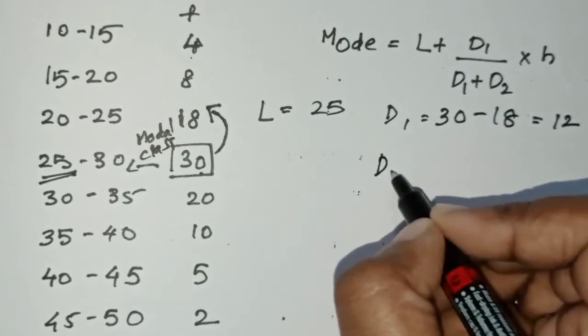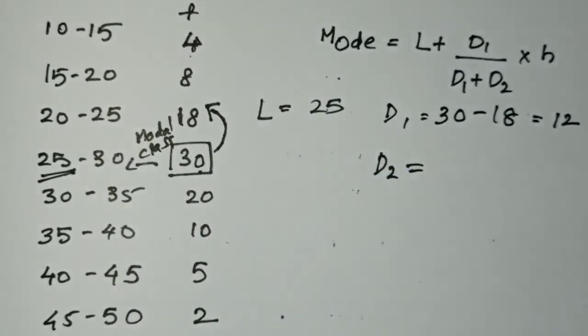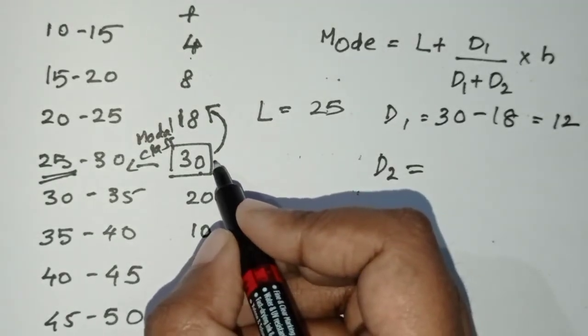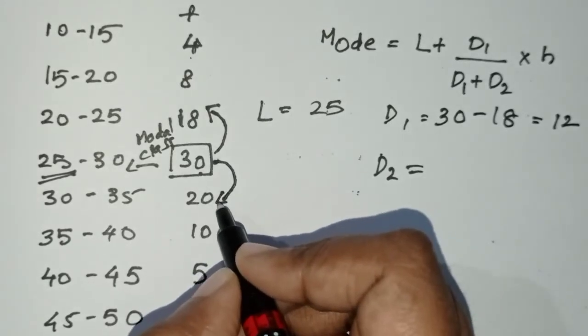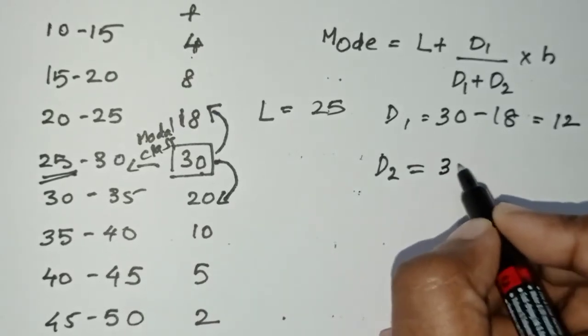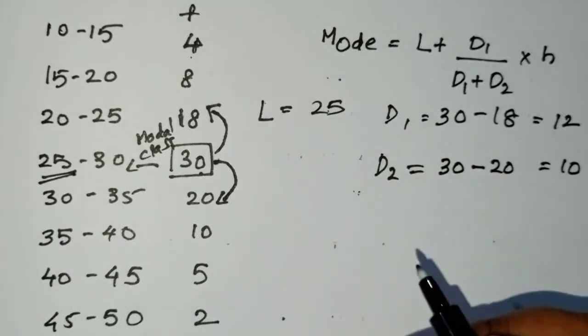Now what is D2? D2 is the difference between the frequency of the modal class and the frequency succeeding the modal class. So D2 here is 30 minus 20, that is 10.